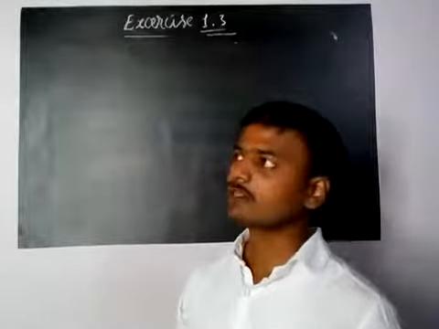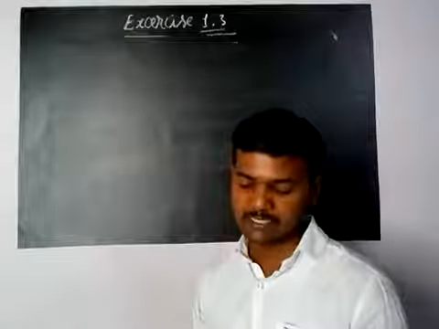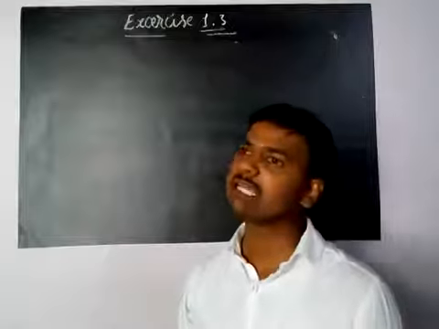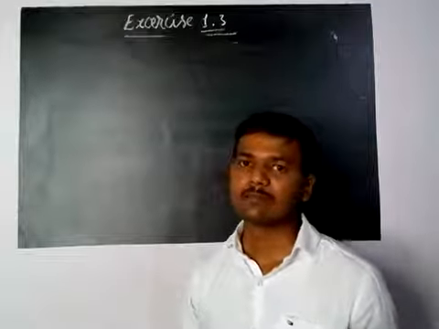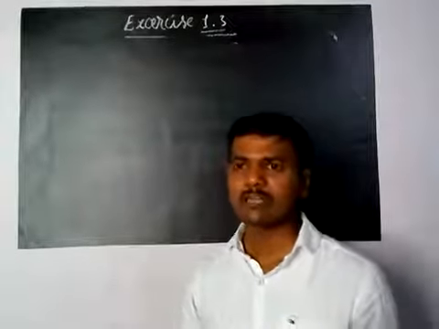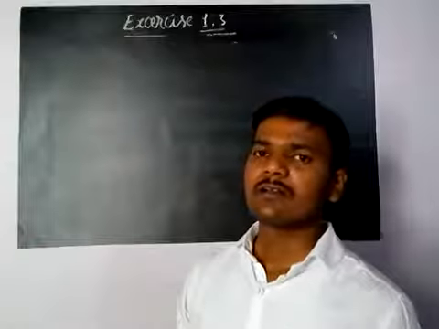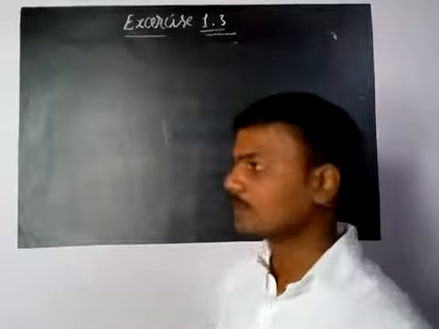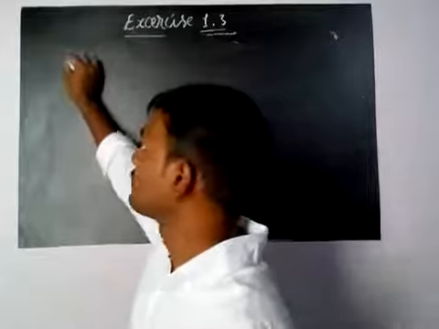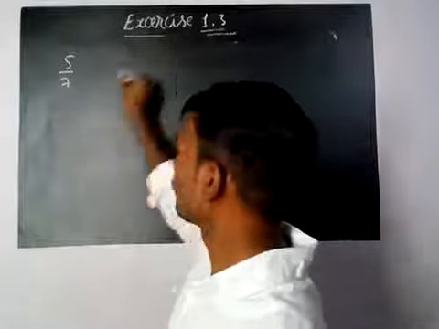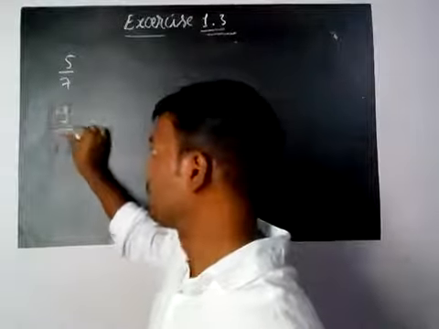To find the irrational numbers between any rational numbers, you have to find their decimal expansions firstly.